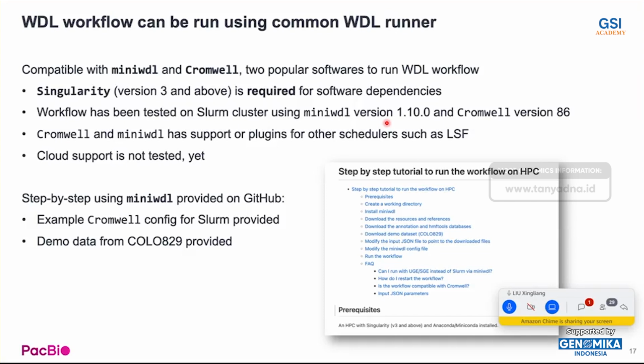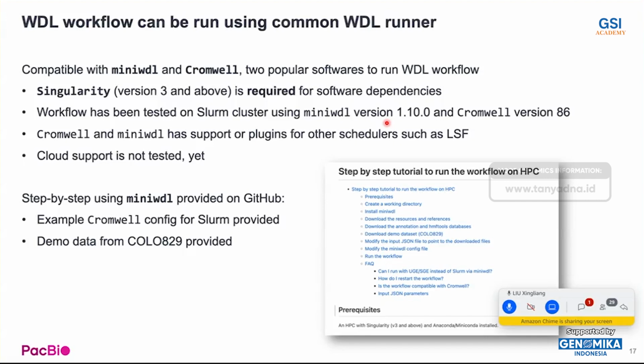Internally, this pipeline has been tested on many environments. This pipeline can be run on any computing environment, including cloud. But for HPC, when you're dealing with a large-scale data set, we prefer to submit the jobs through a job scheduler, for example, Slurm or SGE or LSF.